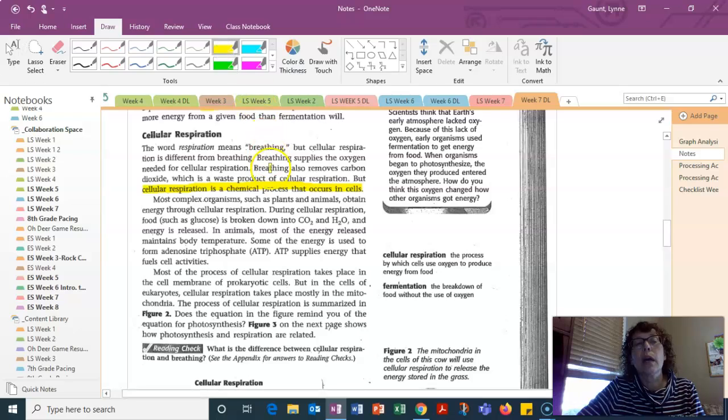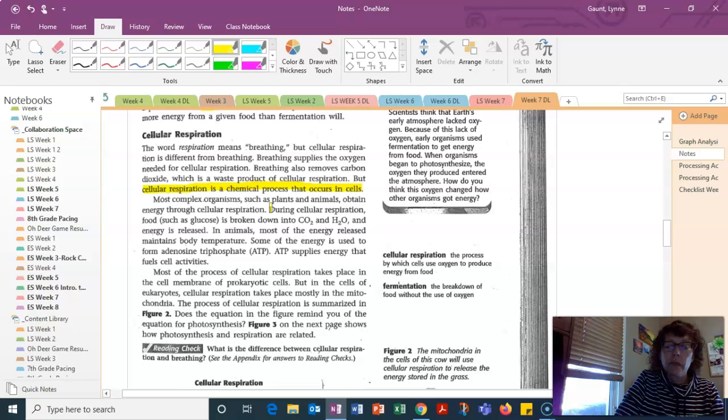I'm going to get my yellow highlighter, and we're starting with during cellular respiration. During cellular respiration, next line, food such as glucose is broken down into carbon dioxide and water, and a little bit more in the next line, energy is released.